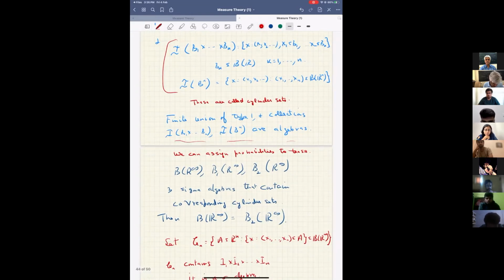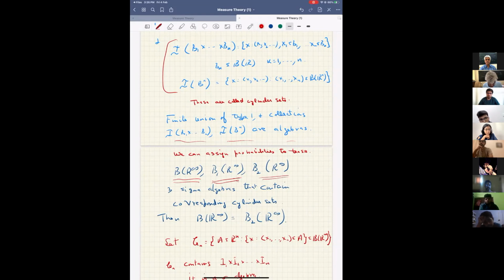So I'm going to call it B of R infinity, and this is all from Shiryaev. That's the smallest sigma algebra which contains these elementary cylinder sets, the cylinder sets corresponding to products of Borel sets. The smallest sigma algebra which contains all those cylinder sets.